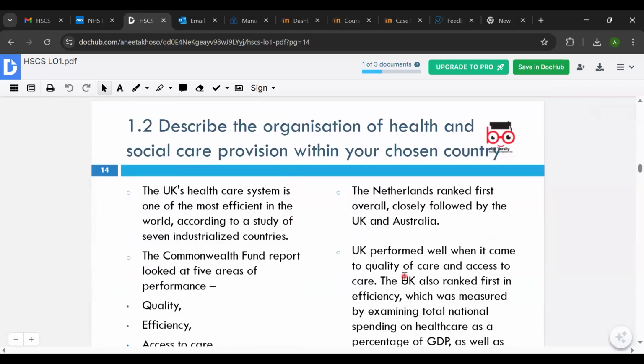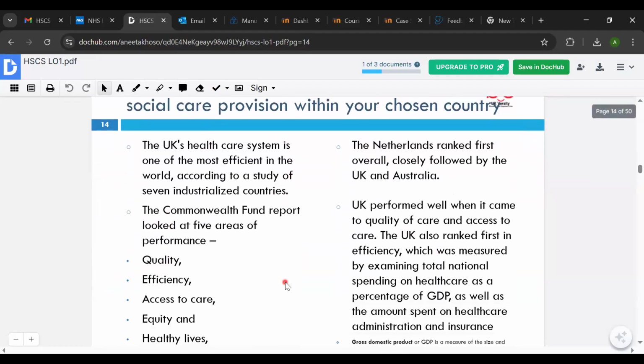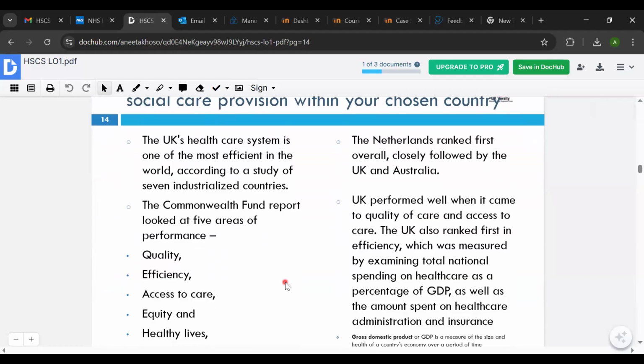So the UK's health system is one of the most efficient in the world, according to a study of 7 industrialized countries. There's a Commonwealth Fund report that looked at 5 areas of performance: the quality of healthcare, health and social care, the efficiency with which it is provided, how much people are able to access care, equity, and healthy lives.